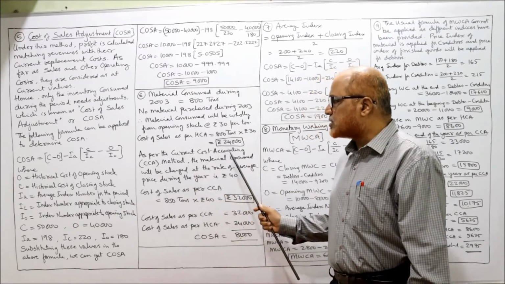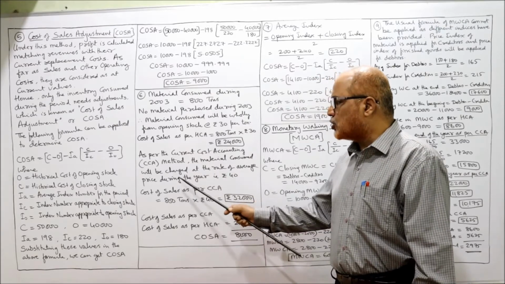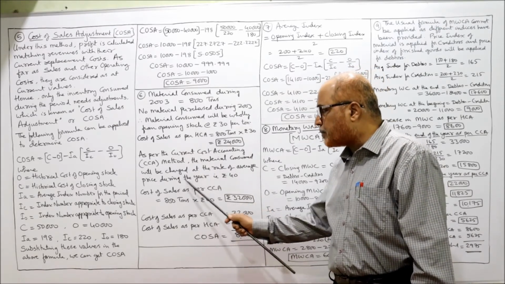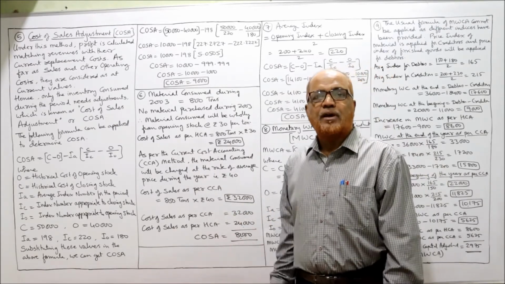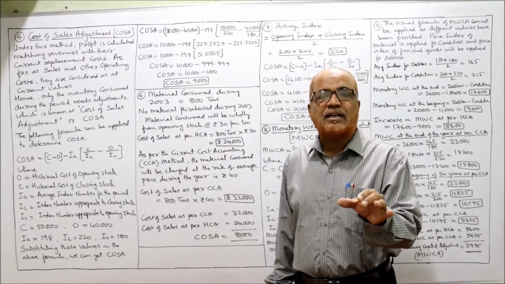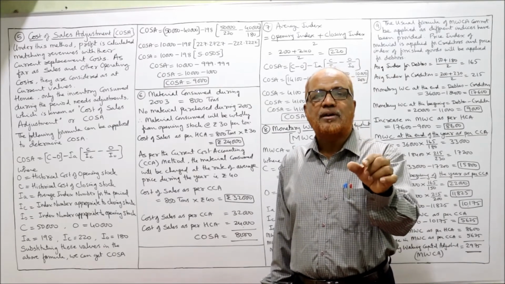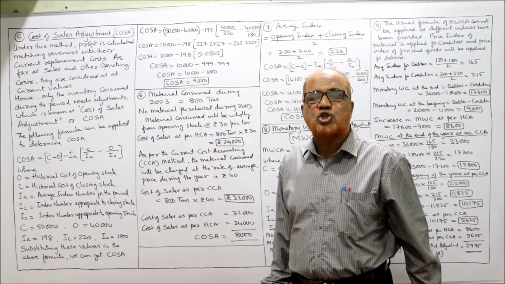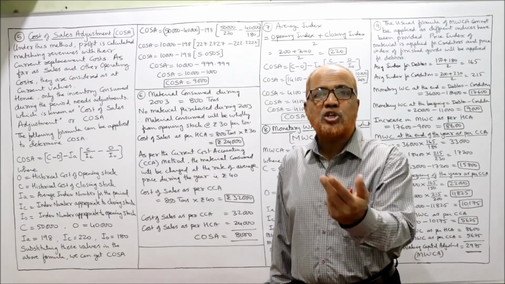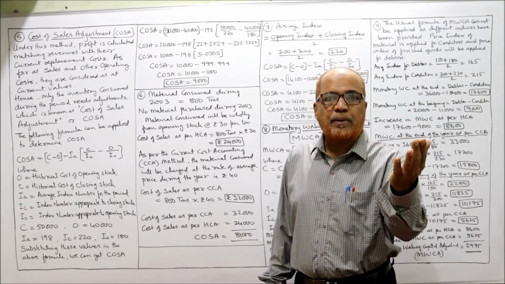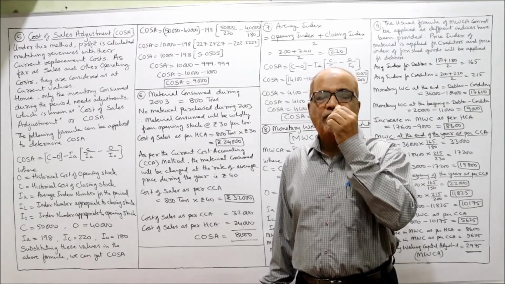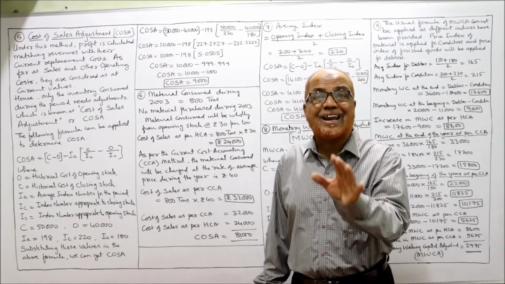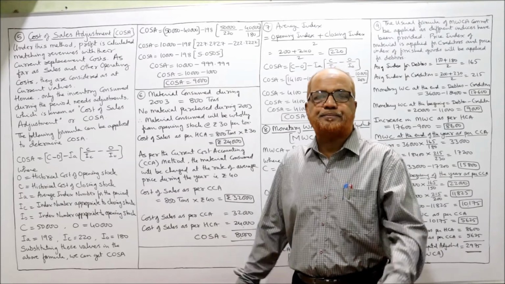As per current cost accounting method, the material consumed will be charged at the rate of average price during the year, 40 rupees. See here. As per the CCA method, we charge the material consumed at the average price, not the opening price, not the closing price, because we have to charge at the current average cost during the year.